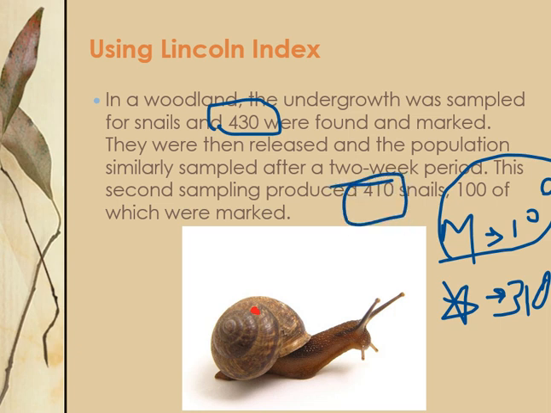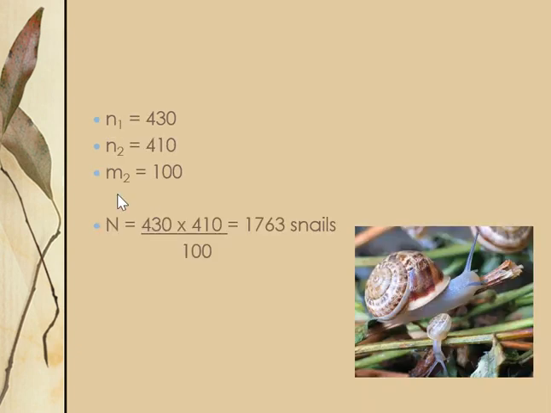So the formula is N1 into N2 by M2. You will write 430 into 410 by 100, which gives you 1763 snails. That's the estimated population of snails. Okay.